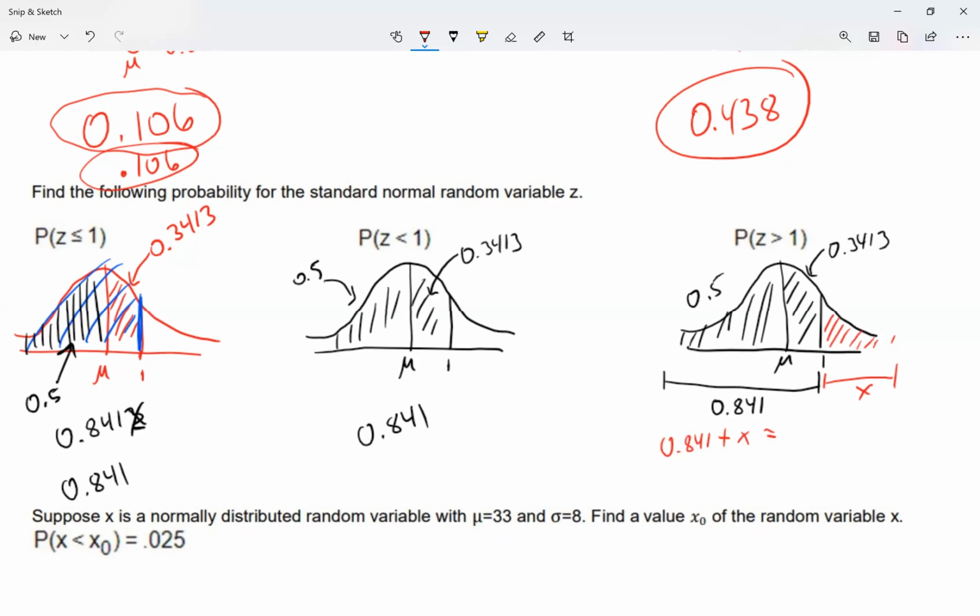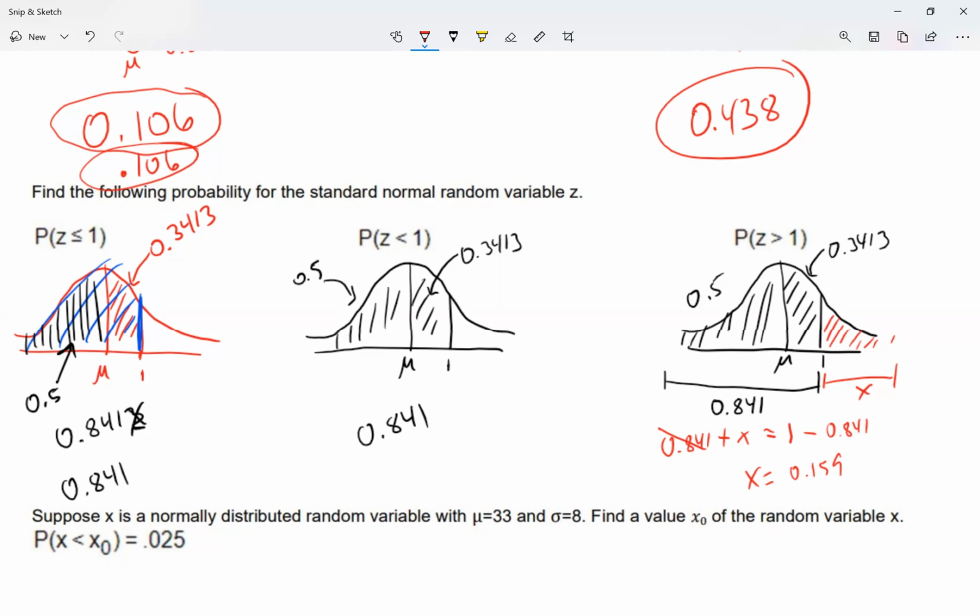The whole probability is 1. Okay, so solve for x. Let me move this as a minus 0.841. So I'm going to get that x is equal to 0.159. Cool, not too bad. So we know how to use inequalities.